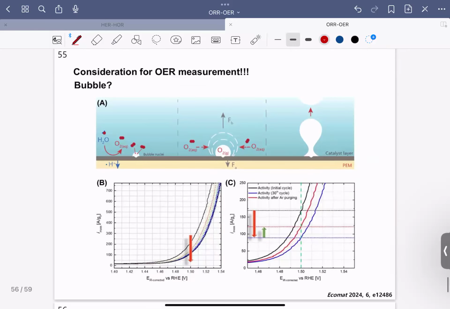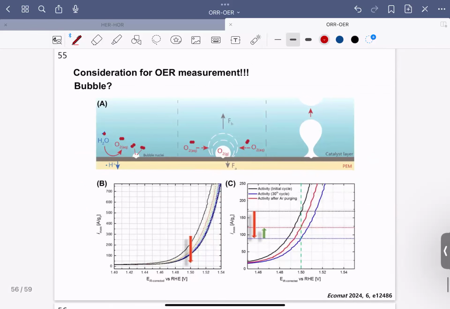So finally, I would like to shortly mention what happens for the OER. Please keep in mind, what is the reactant? The reactant is water or OH minus, the liquid phase, right? And what about the product? The product is oxygen, right? So not surprisingly, the OER is gas bubble production.